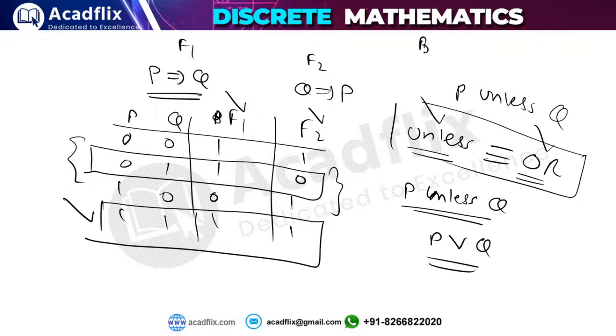Similarly, like I told you, but is the same as and. Similarly, unless is the same as or. Is your doubt clear, Khusbu? So whenever you have the statement P unless Q, basically you are saying P or Q.